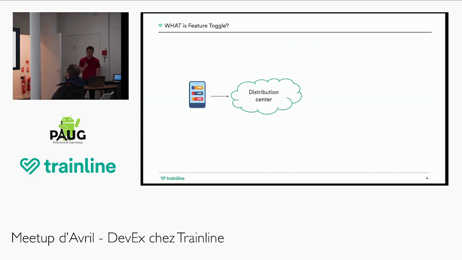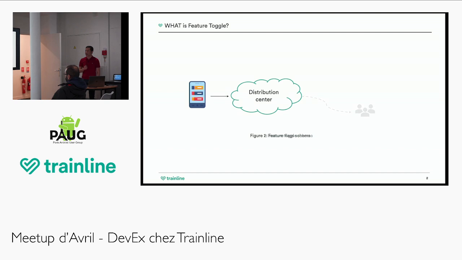This distribution center is usually managed by product people to define the visibilities of the features. And then the user can experience the features or not, depending on the configuration of the distribution center. This is the first category of feature toggle, where the app receives a binary value, true or false, from the distribution center, and then toggles the visibility of the features.